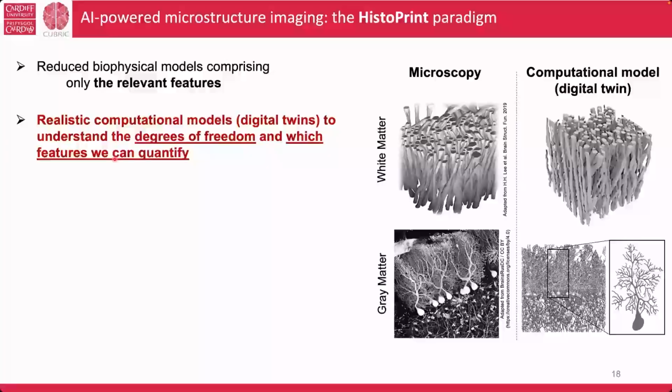When it comes to white matter, not only us, many other groups as well have come up with their own generative models, computational representations of the tissue. Nowadays, once you fit this model at the individual subject level, you can also call it a digital twin, because it's a digital representation of what the microstructure in that voxel for that person should look like.